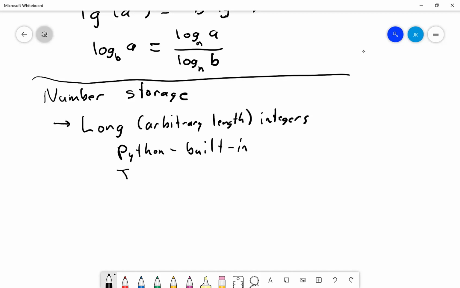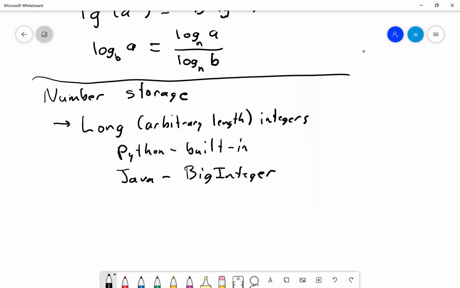With Java, you have a big integer class. And in C++, there are actually many libraries out there that provide support for big integers. The Boost library, for instance, has some of that, but it is not a built-in feature of the language itself, so it's not part of the standard library.